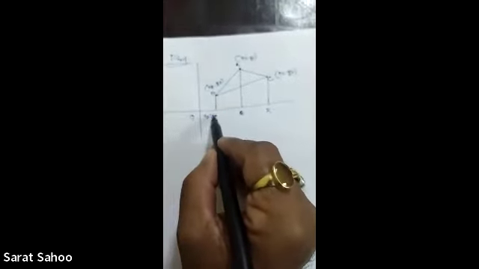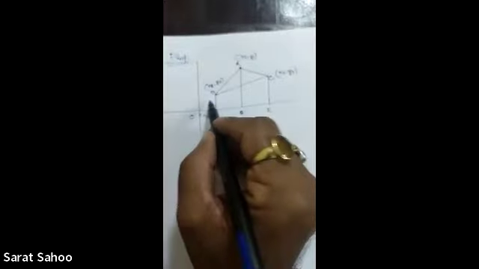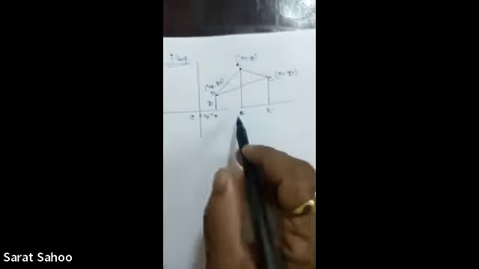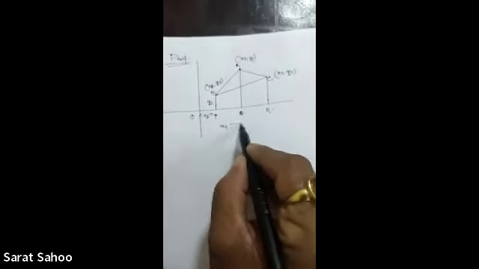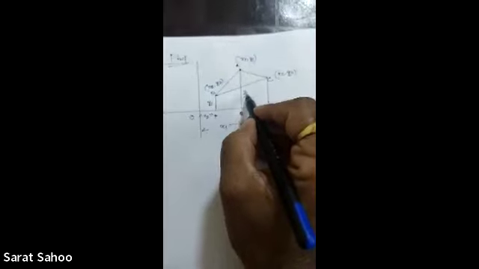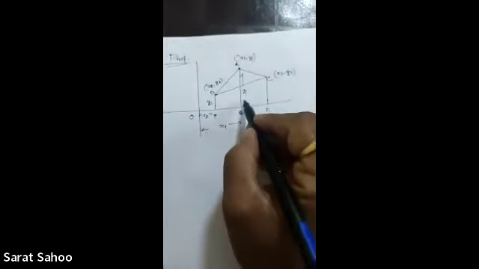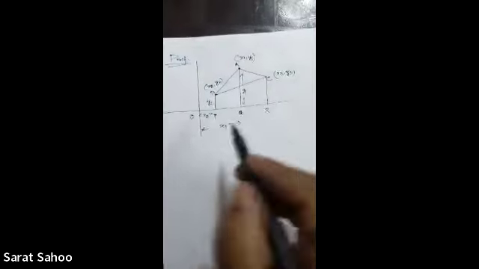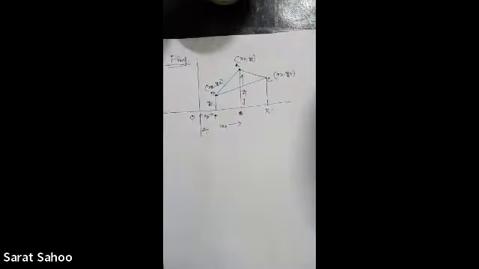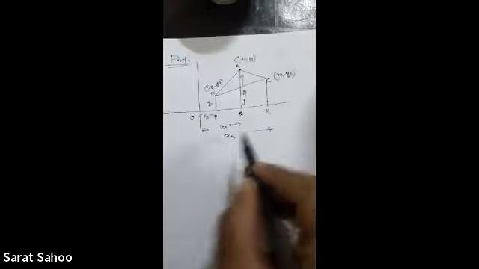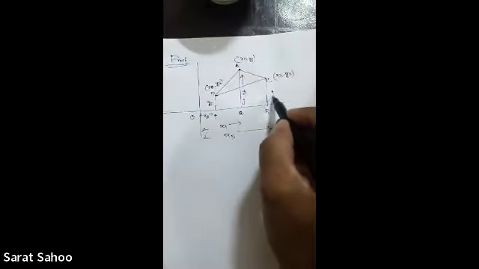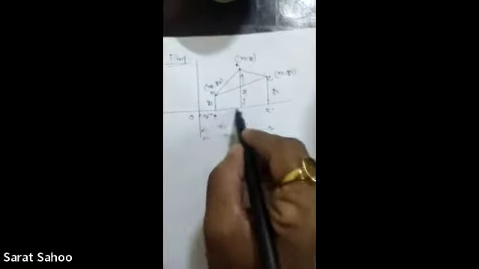So OP length is x2, BP length is y2. Coordinates of point A are x1, y1. So OQ length is x1 and AQ length is y1. Coordinates of point C are x3, y3. So OR length is x3, RC length is y3.